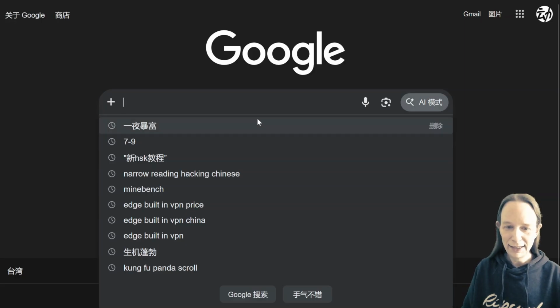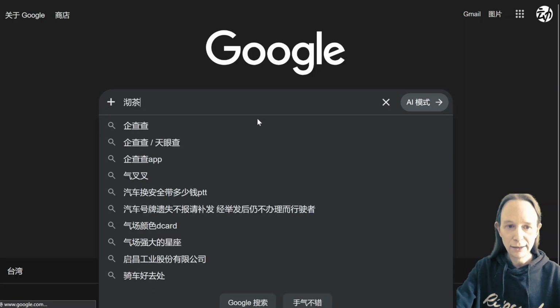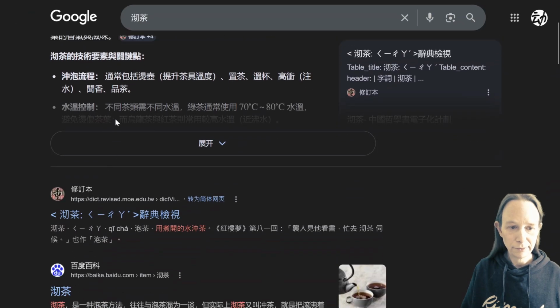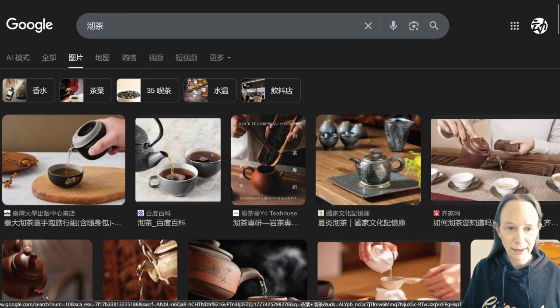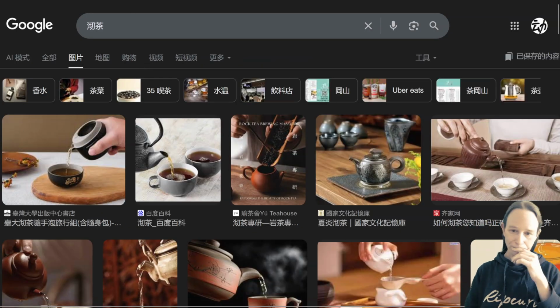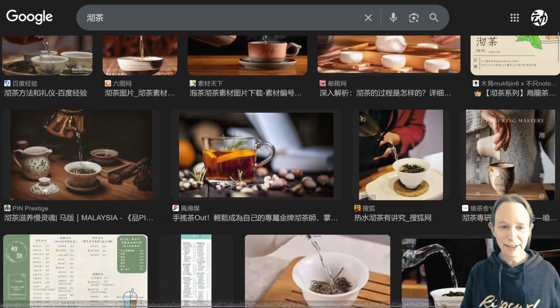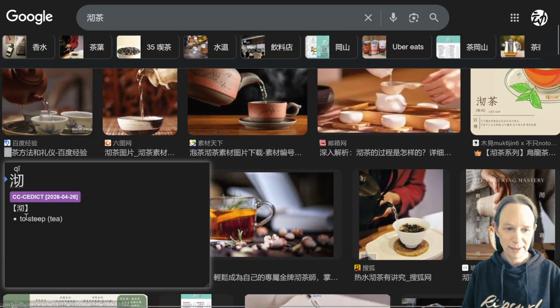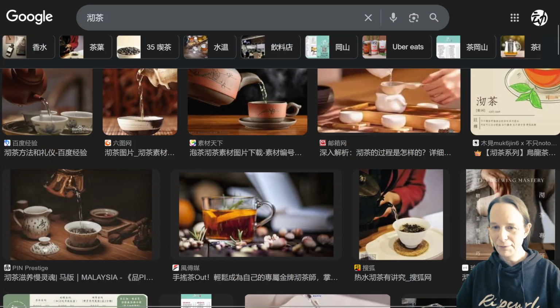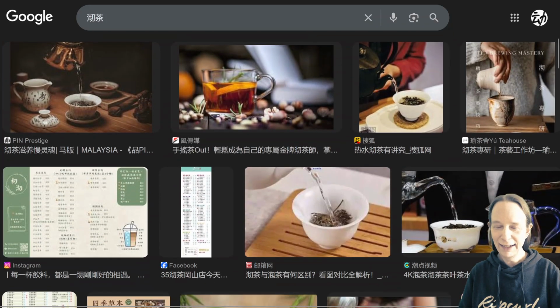Let's have a look. Qi cha. So here. I don't know. Is it different to making a cup of tea? I don't really know.